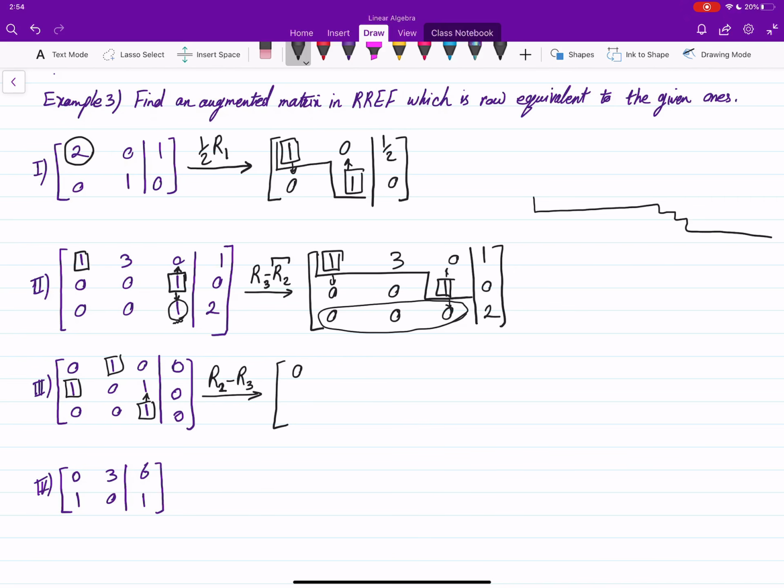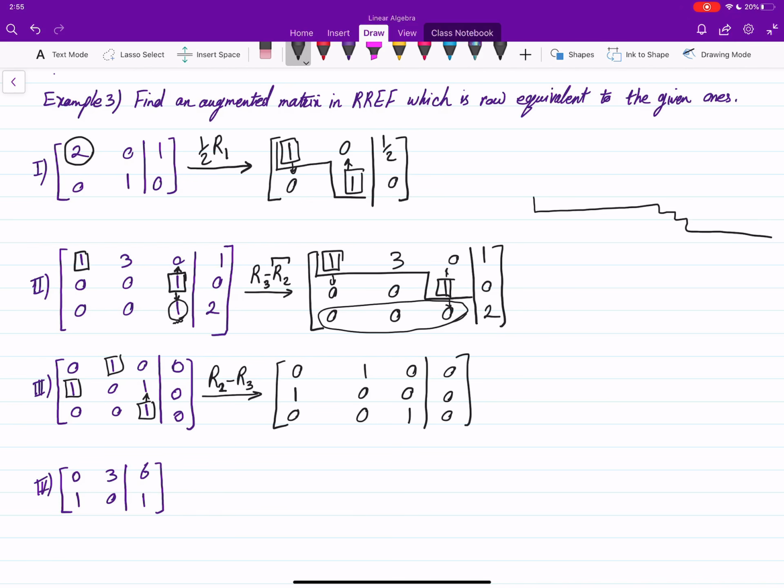So row 1 I'm not touching, and row 3 we are not touching. We are using row 3 to change row 2, replacing row 2 by R2 minus R3. So 1 minus 0 is 1, 0 minus 0 is 0, 1 minus 1 is 0, and 0 minus 0 is 0.